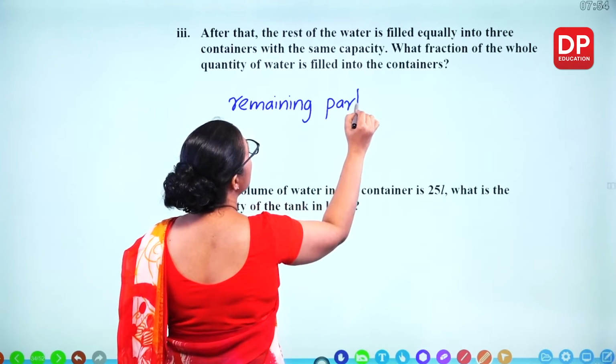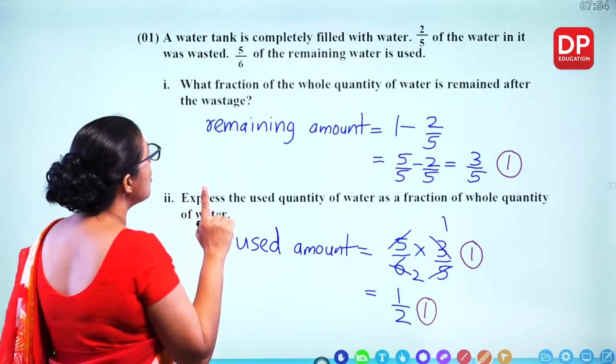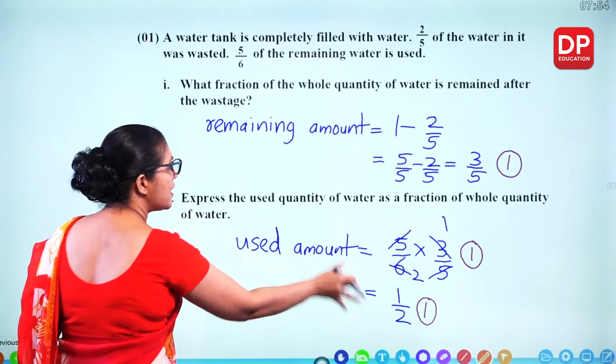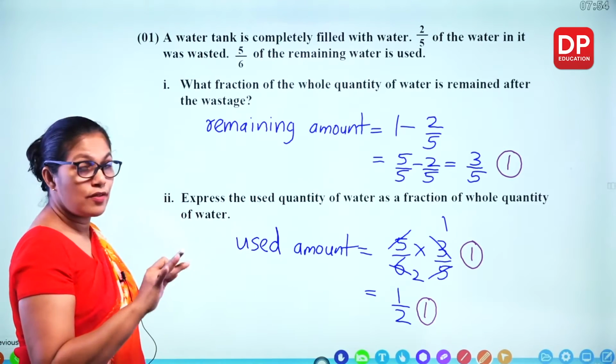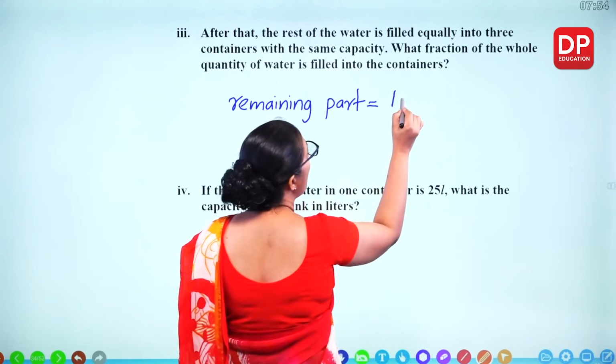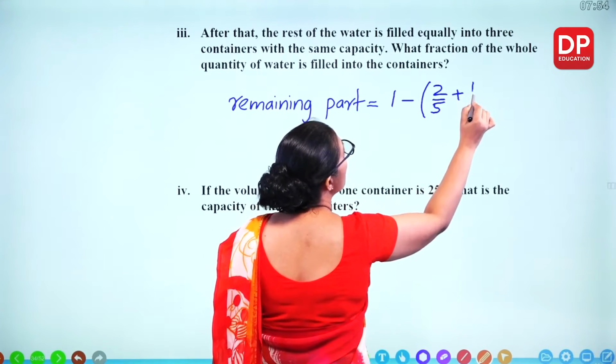Here, 2/5 wasted and half of the tank used. So the total you have to subtract from 1. 1 minus 2/5 and half.